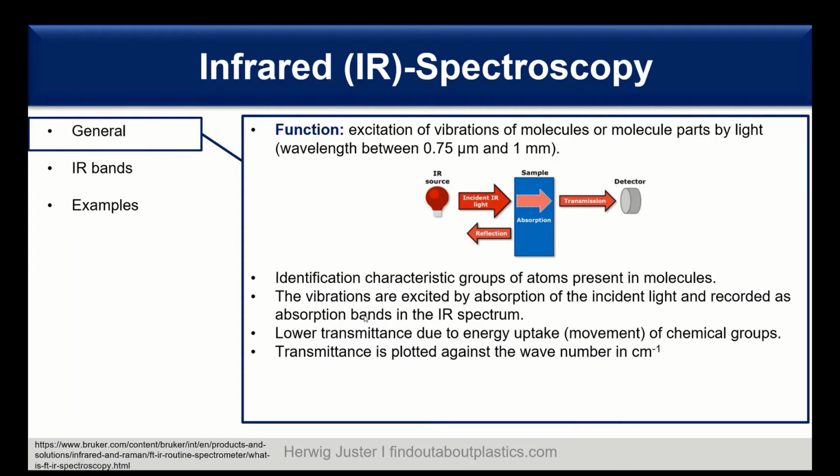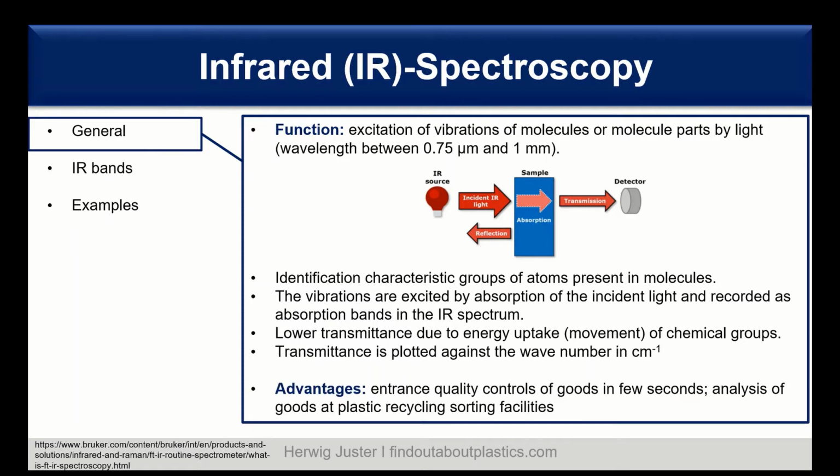So, as already mentioned, the lower transmittance means that there is an energy uptake, more energy conversion into movement of chemical groups, and the transmittance is then plotted against the wave number. And the advantages are, for example, you can think of the quality control of goods.